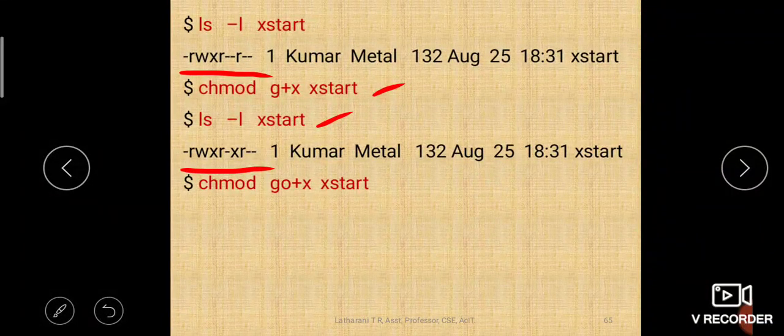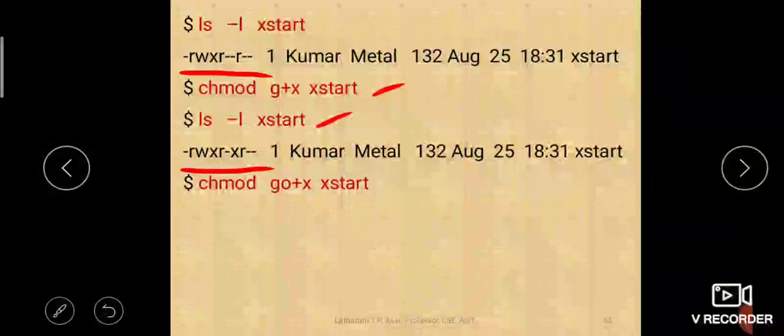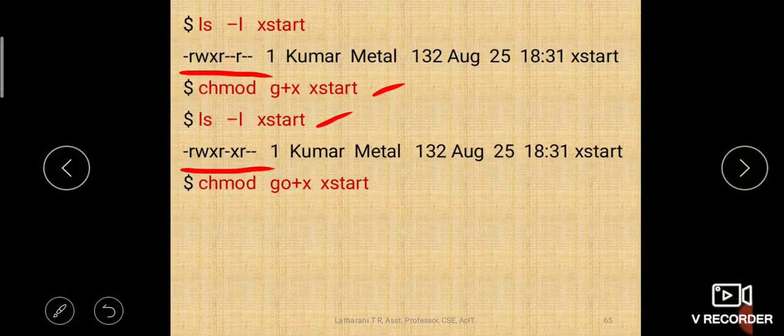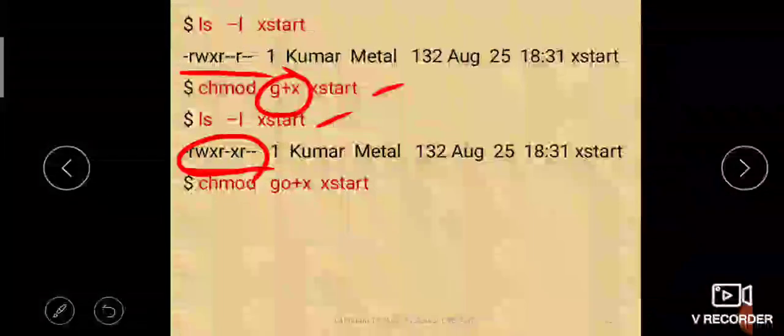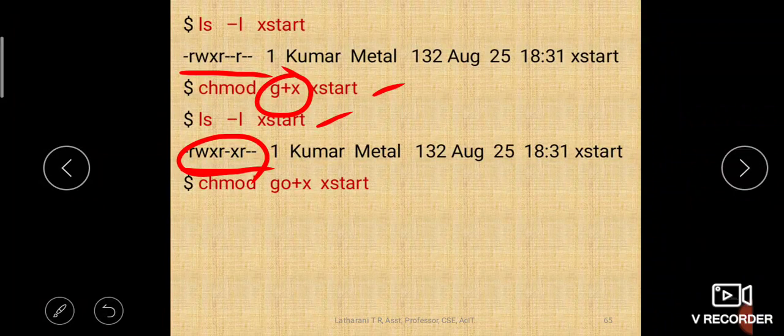Then the next example, at once you can change multiple users' permissions also. You should observe also here that in the previous case we changed only group permission, but the rest of the permissions remain the same, they are untouched, right?